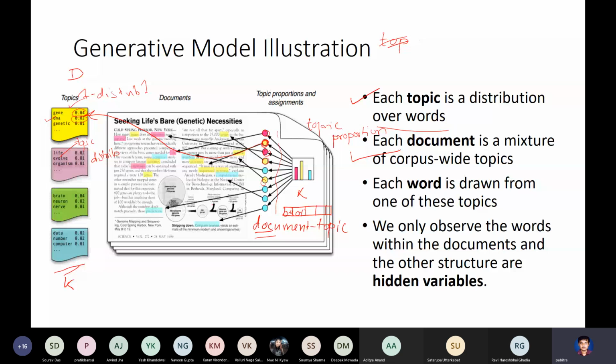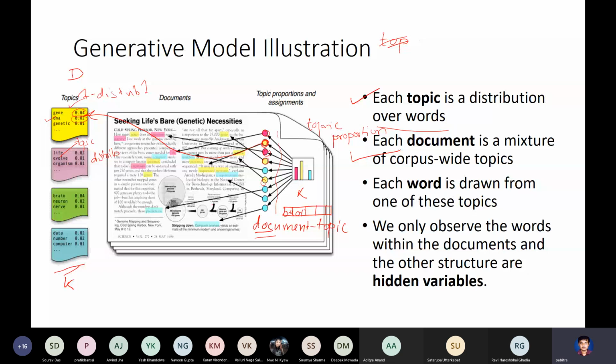I do the second dice over words. A word will pop up. A word will come up according to these probabilities. And a particular word, one yellow word, will come up. I paint it yellow. This yellow word will come up, and that word finally I put in this bag, the document bag.